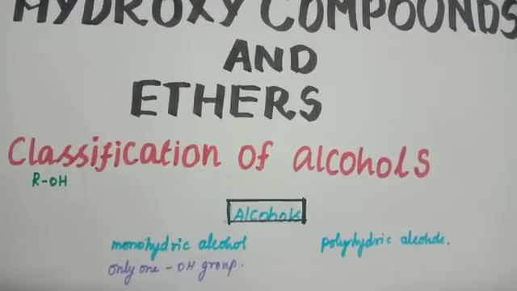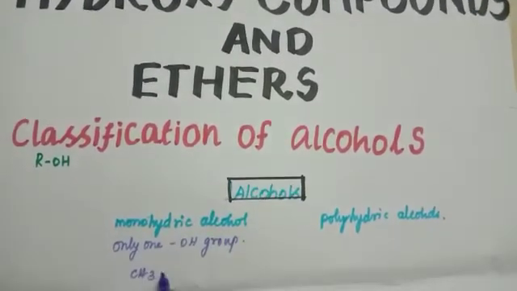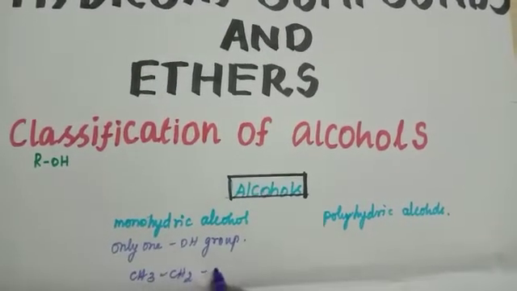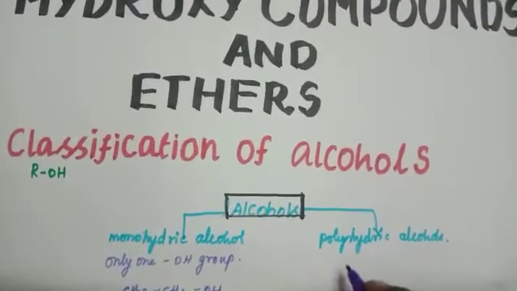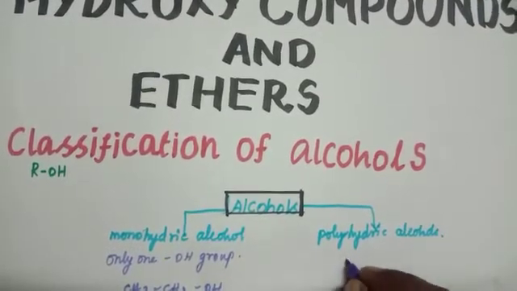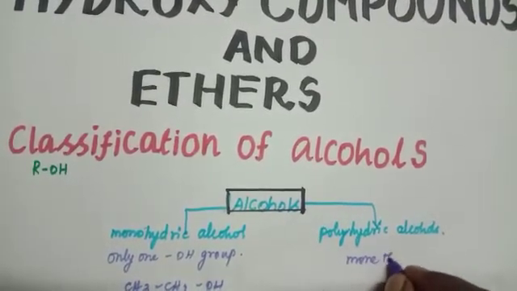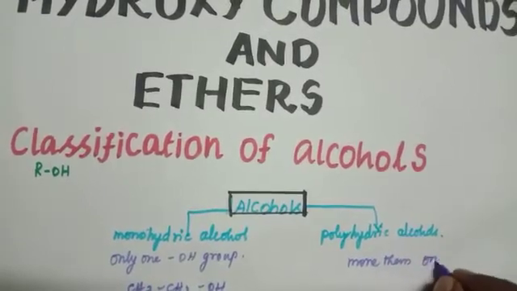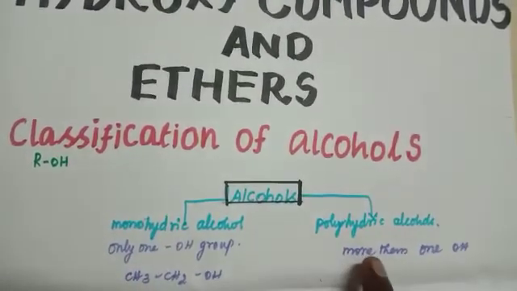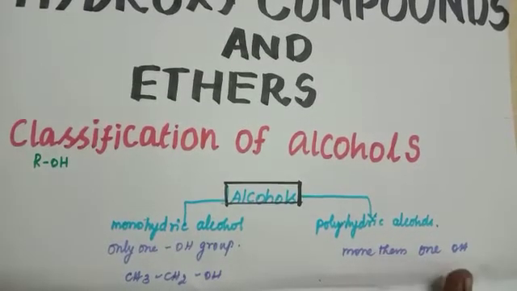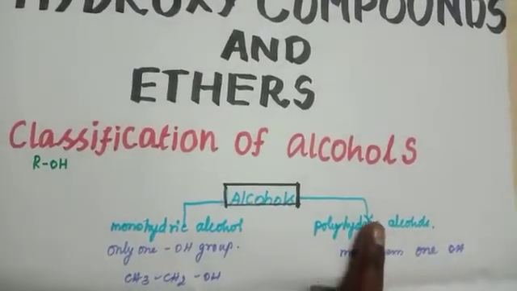For example, CH3CH2OH. Polyhydric means containing more than one OH group. Compounds which contain more than one OH group are called polyhydric alcohols.